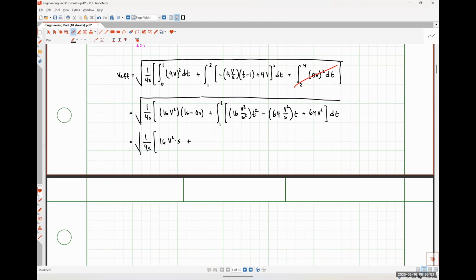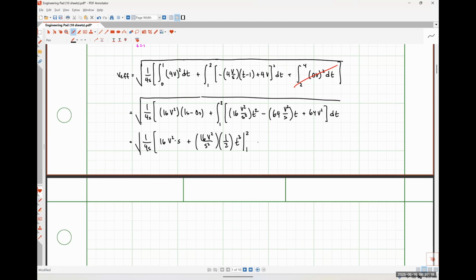So when I integrate t squared, that's going to look like 1/3 of t cubed, right? So that'll be 16 volts squared per second squared times 1/3 t cubed evaluated at 2 and 1.